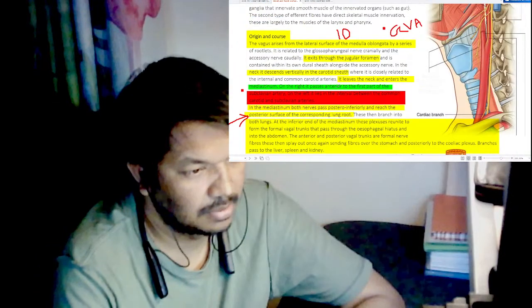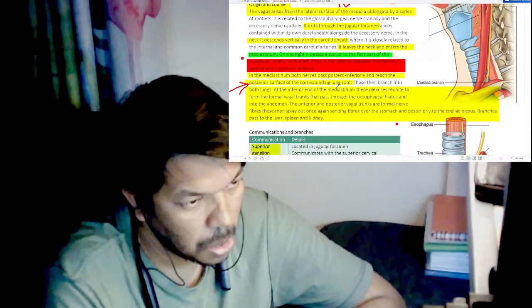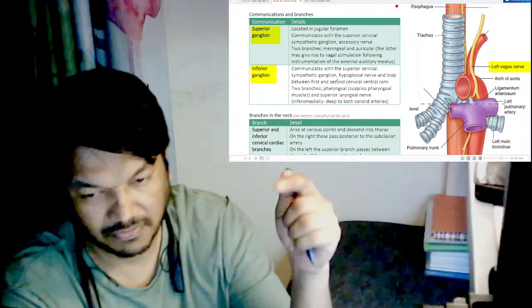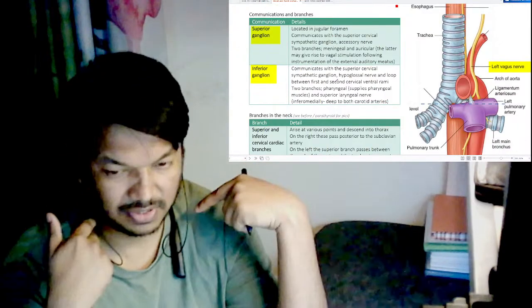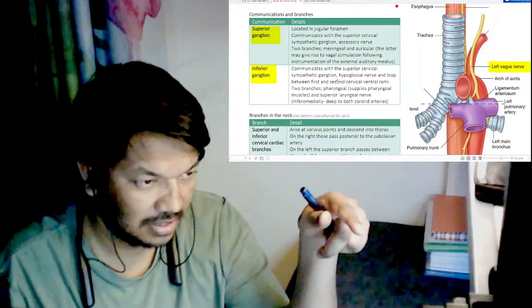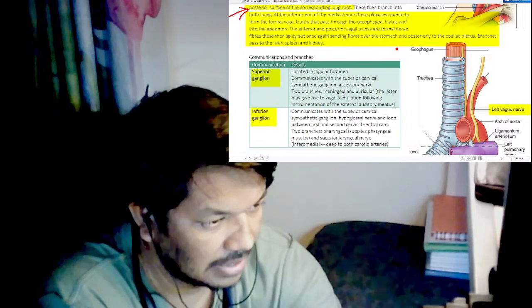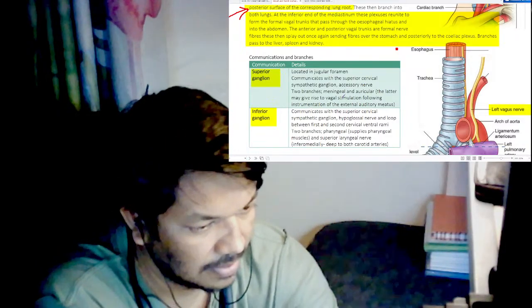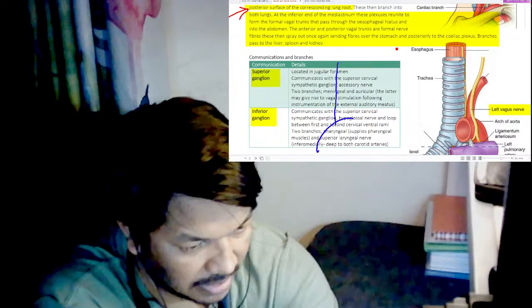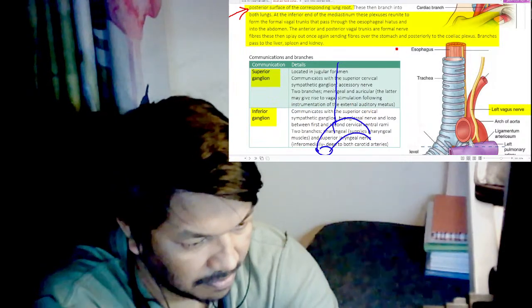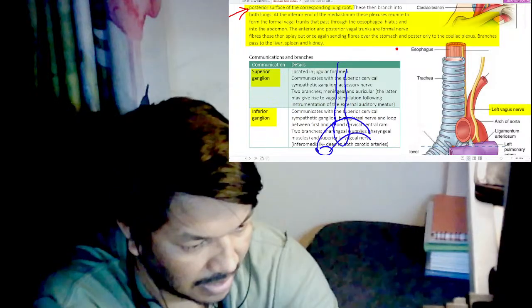Vagus nerve: it has two, right and left. In the left side, here you can see, they come like this, descend like this. If this is the arch of the aorta, they come and they pierce, and again they go up.